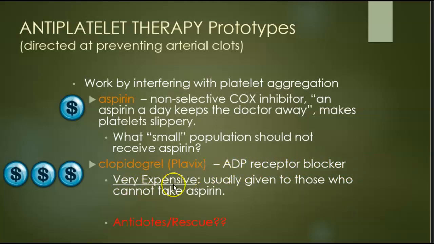It's usually given to people who can't take aspirin. The thing is that aspirin can stay in the system for up to 7 days. Clopidogrel is a little bit shorter than aspirin, so that's good.